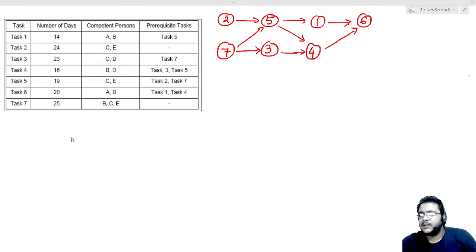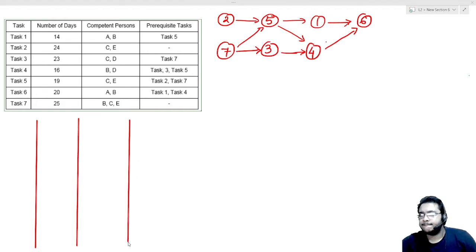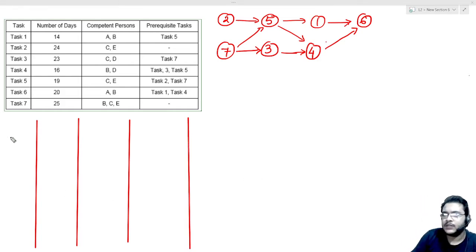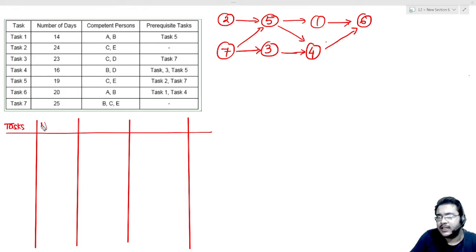Now let me replicate the table. What I will do is I'll say that these are my tasks and number of days, and then there is the competent person.